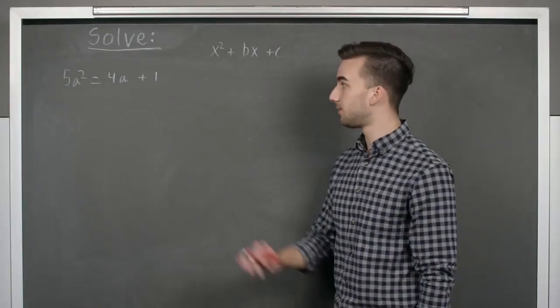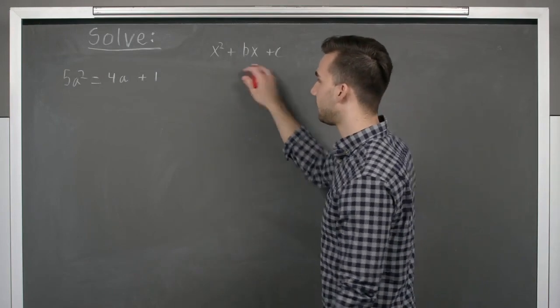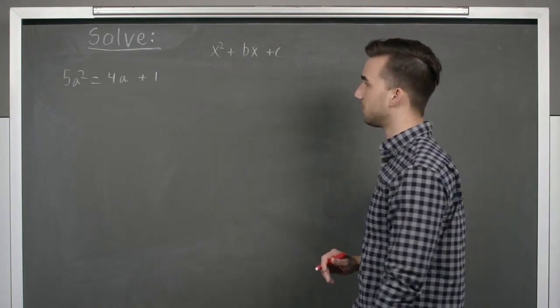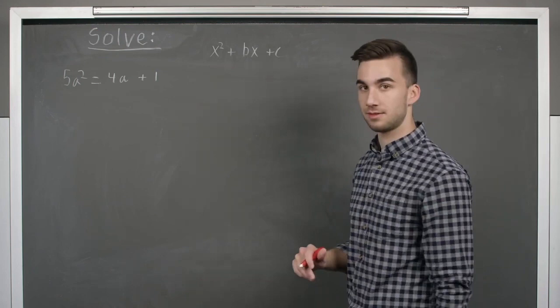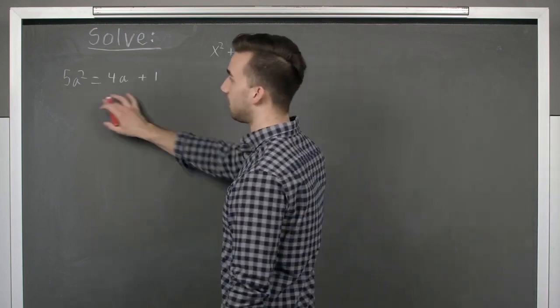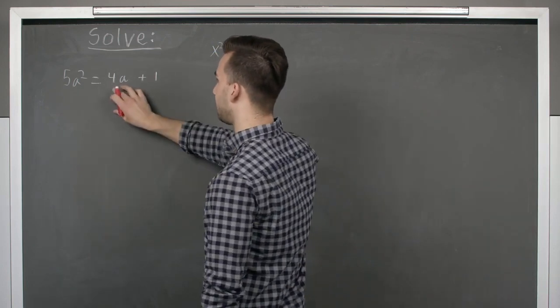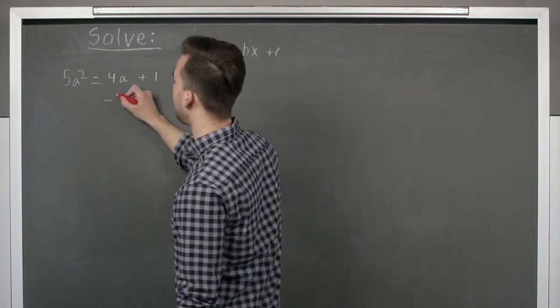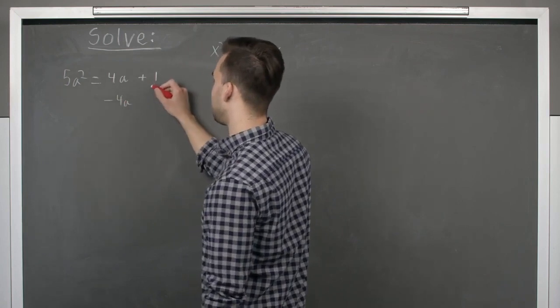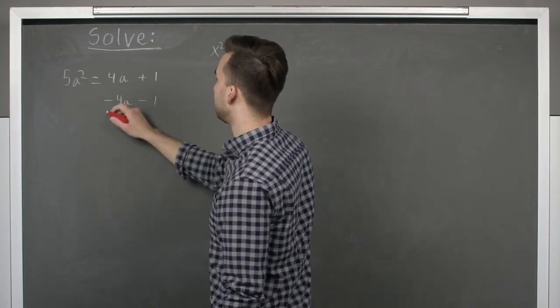In this example, we're going to want to do the same thing, get it in the form x squared plus bx plus c. So first of all, let's just get everything on the same side of the equation. So let's subtract 4a minus 1 from both sides.